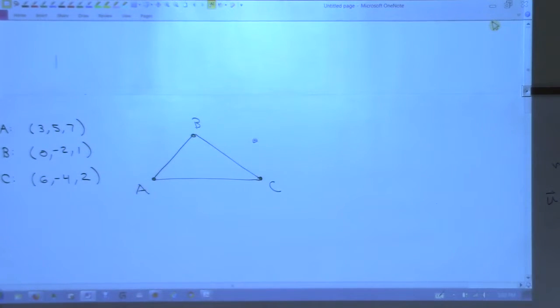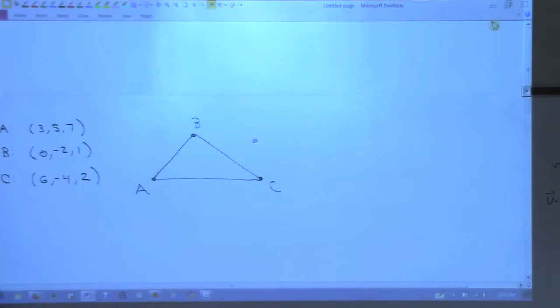You have to find the vector first, and then use those vectors to find the dot product. That's exactly right. So how difficult is this question without the dot product? If you were trying to do this without the idea of the dot product, geometrically, how are you going to do that?